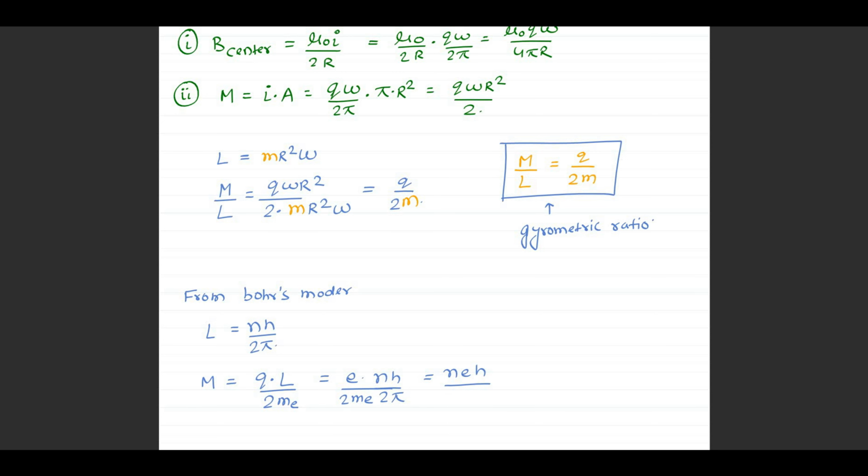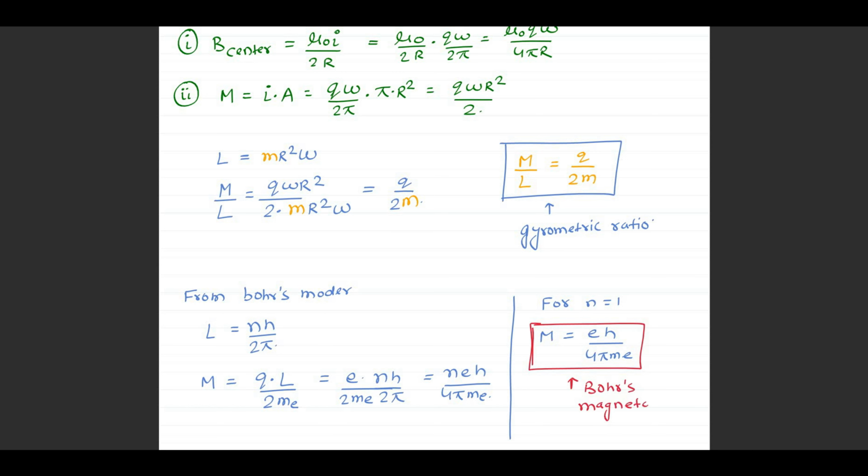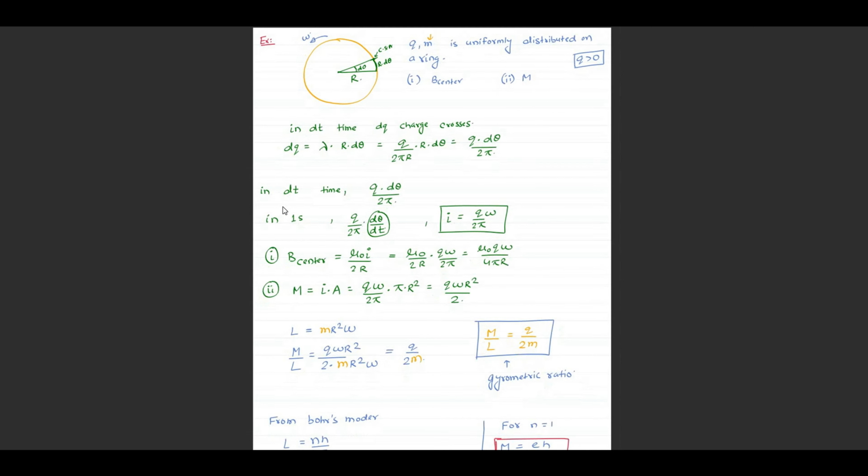This will become n e h by 4 pi me. If I put the value of n as 1, this is known as Bohr's magneton. You can note this down.